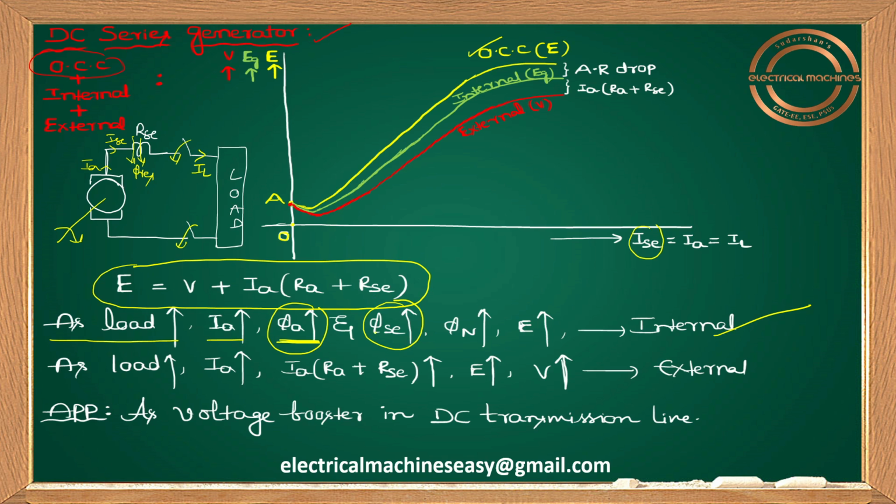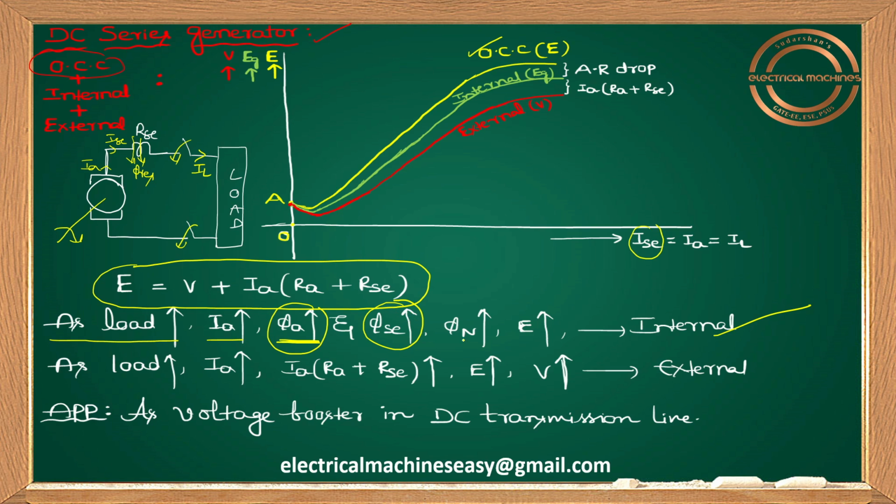This is not the case in shunt or separately excited generators, where the main flux does not depend on load. But here the series field winding is connected in series with the load, so as the load increases, no doubt the series flux also increases.